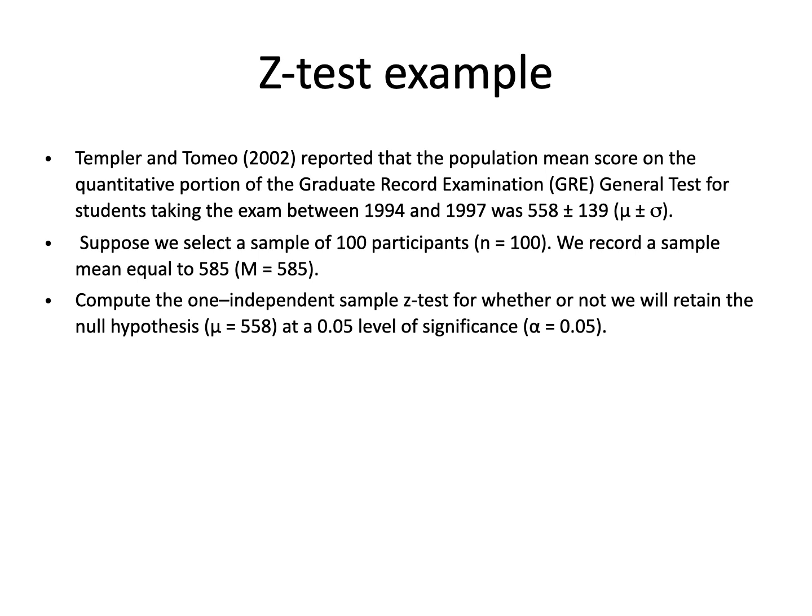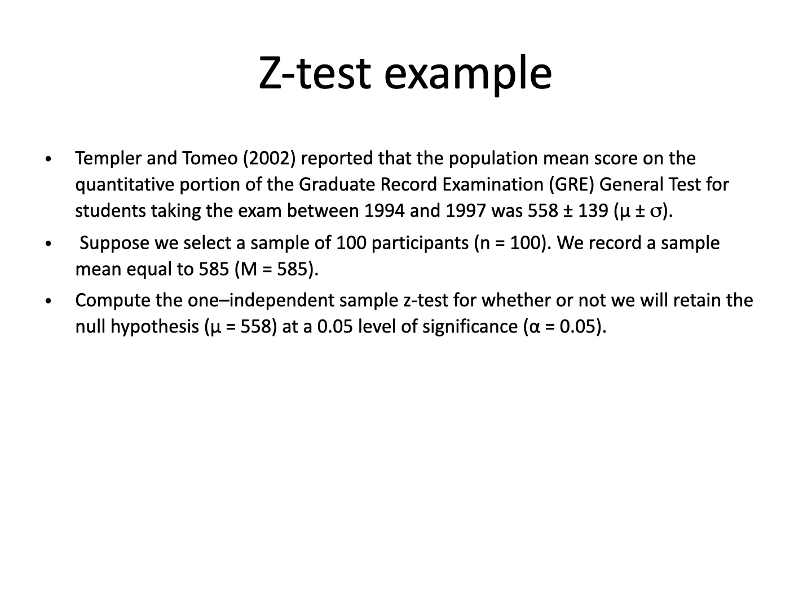Suppose we select a sample of 100 participants, that is n equal to 100, and we record the sample mean to be 585. Then compute a one independent sample z-test for whether or not we will retain the null hypothesis, that the population mean is equal to 558, at the 0.05 level of significance, that is alpha equal to 0.05.